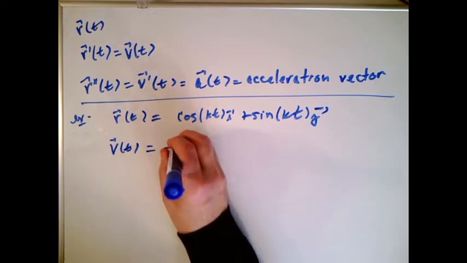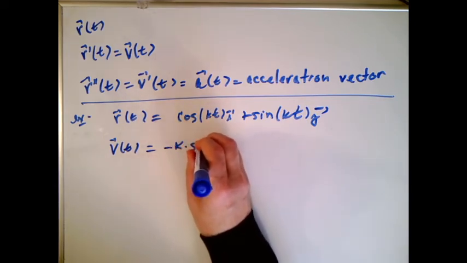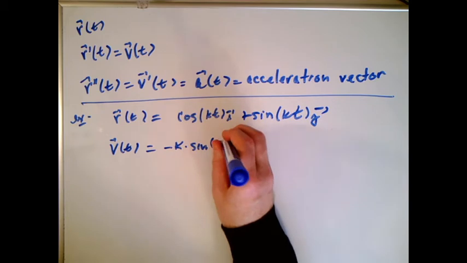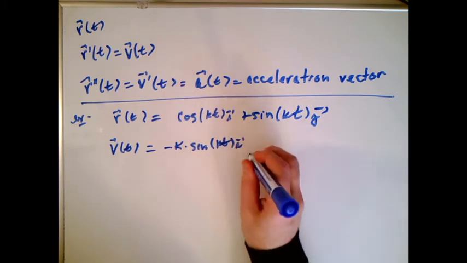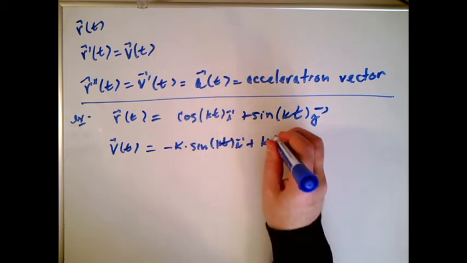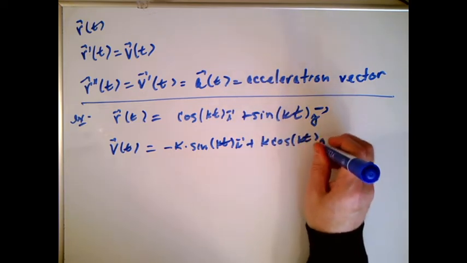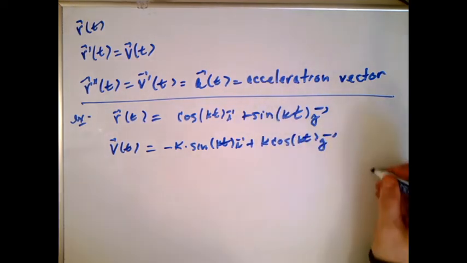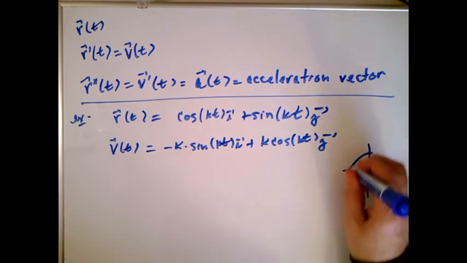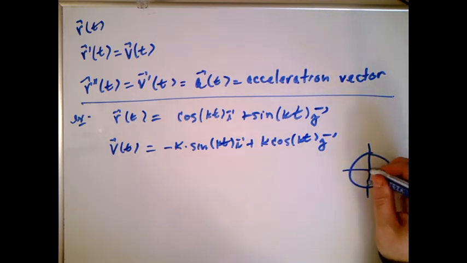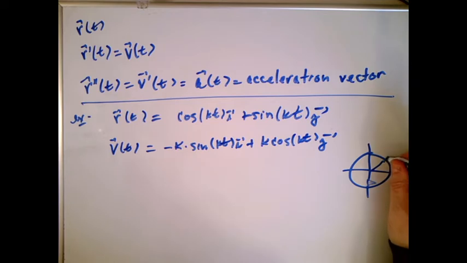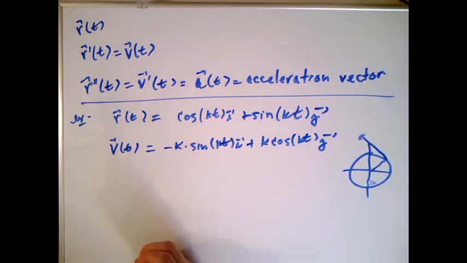We got minus k times sine of kt i plus k times cosine of kt j. And remember, just real briefly, if r is the vector that's pointing out like this, the velocity vector is now pointing in that direction.